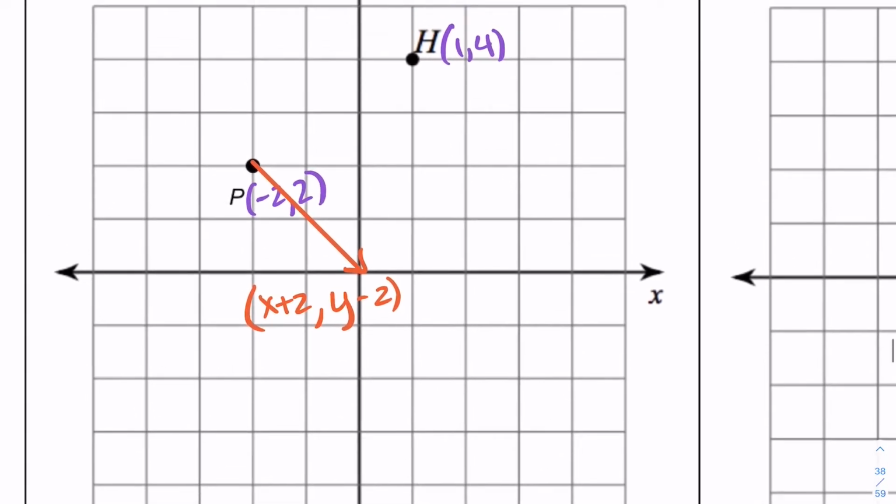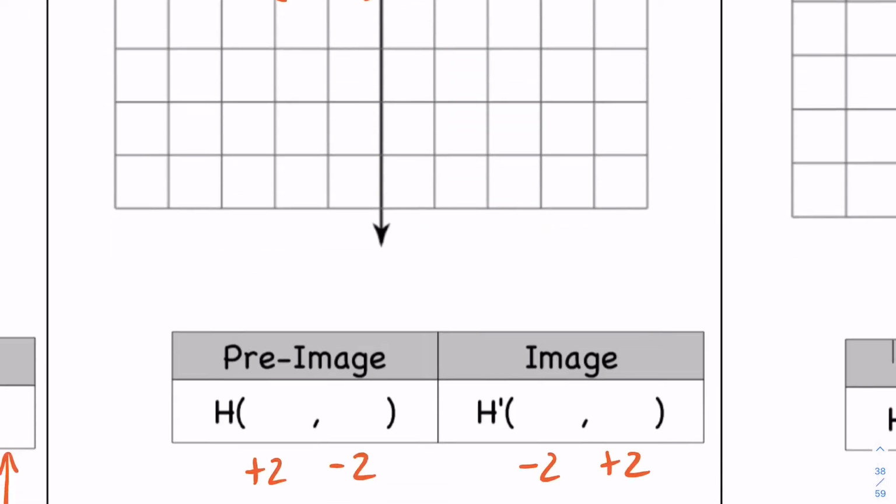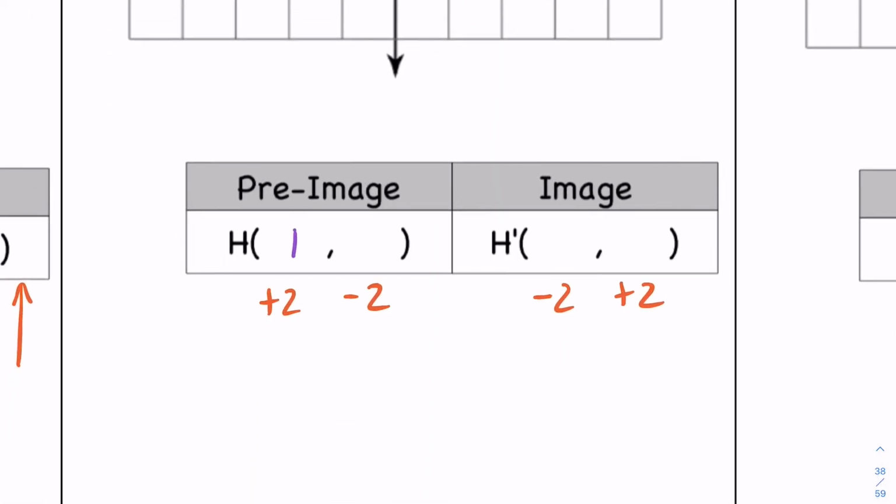Okay, so let's take H, which is 1, 4. Let's add 2. So H is going to be 3, comma 2.